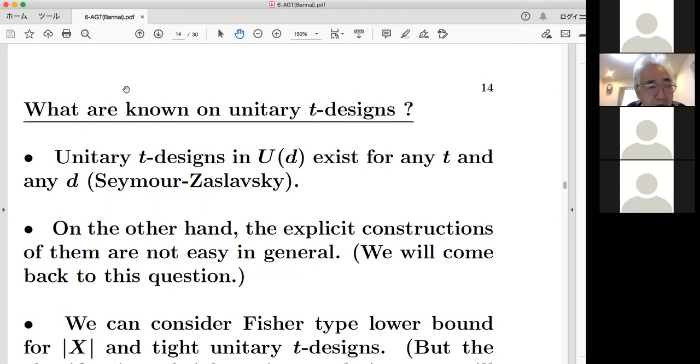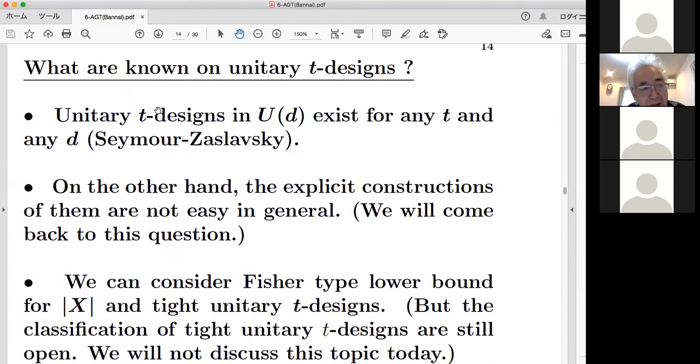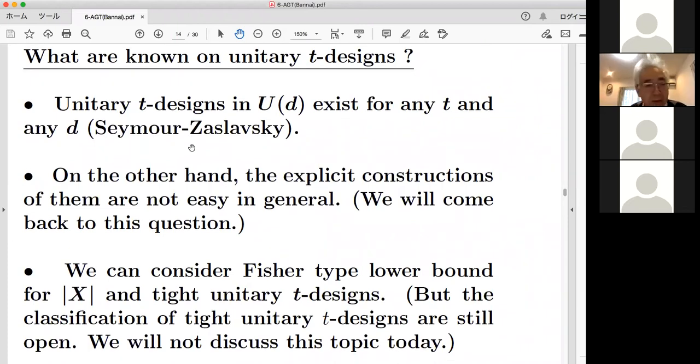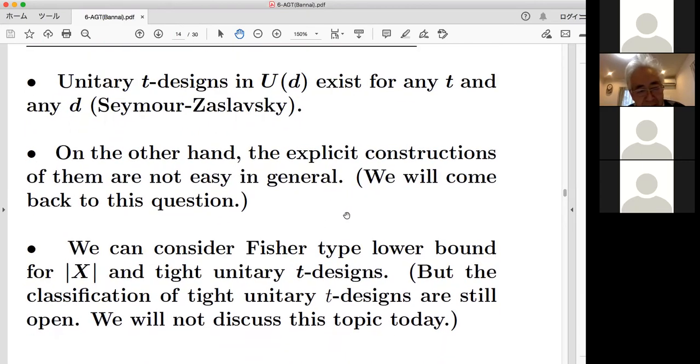Now, what is known about unitary t-designs? First, unitary t-designs in U(d) exist for any t and any d. Again, we can use the theorem of Seymour and Zaslavsky. On the other hand, the explicit constructions of them are not so easy in general, and we'll discuss this problem later.